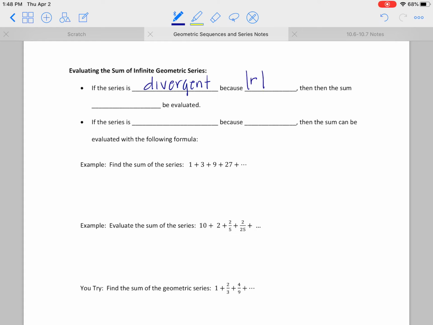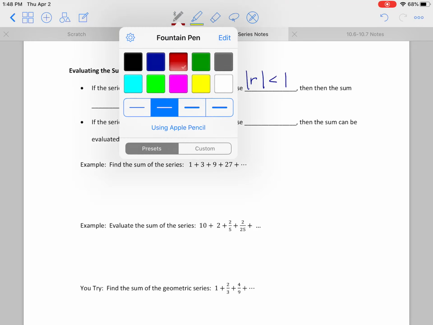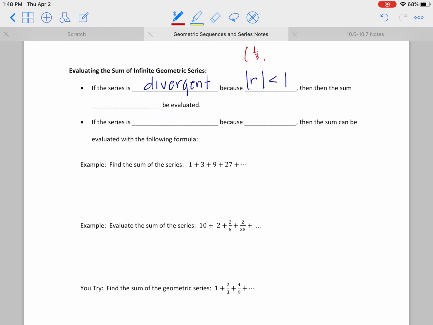If the series is divergent because your common ratio, your r, and its absolute value of r, doesn't matter if it's positive or negative, but if we're multiplying by some fraction or decimal that's less than 1, so like multiplying by a third or 3/4 or something that's going to be making the number smaller every time, then we're, oh, this is not right, backwards.